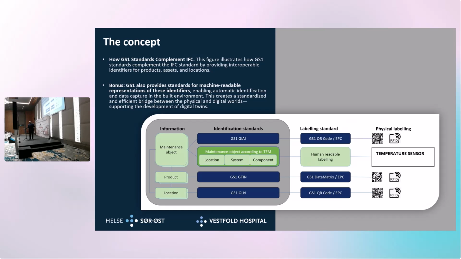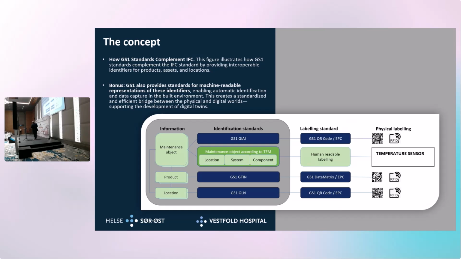In Norway, we use what we call TFM, which consists of location, system, and component. All the different components within our buildings have a TFM code, all items. However, we see that in order to get a machine-readable possibility here, we couldn't use this because it's not adapted to do that.